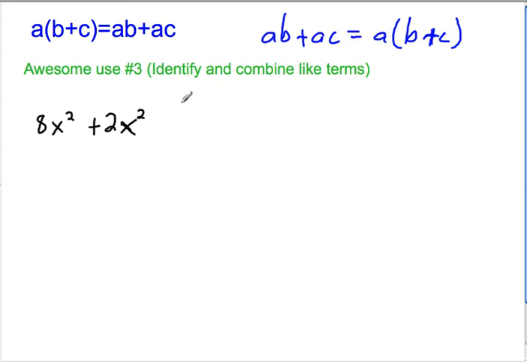So in this case, if we say that A is taking the place of 8 here, and the B is taking the place of the x squared. So what we have here is this A, oops, sorry, I messed that up. The A is the x squared, right? So what we have is two numbers being multiplied together. So 8 and x squared.